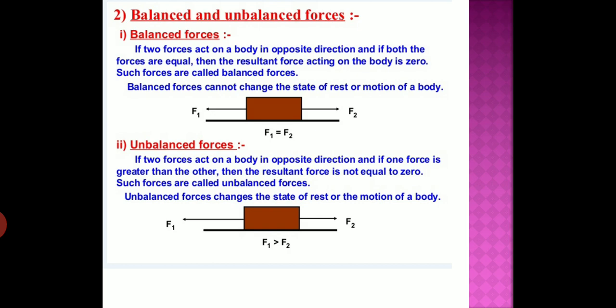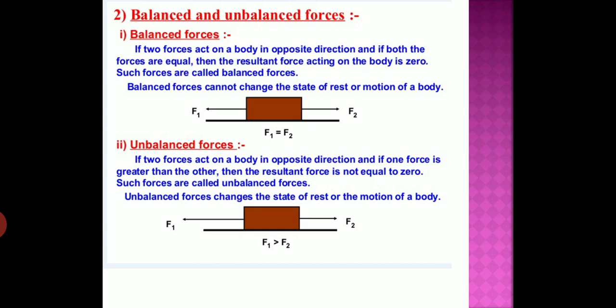Students, now unbalanced force. Let us consider a situation in which two opposite forces of different magnitude pull the block. One is applying more force and one is applying less force. In this case, what will happen? The block will begin to move in the direction of the greater force.